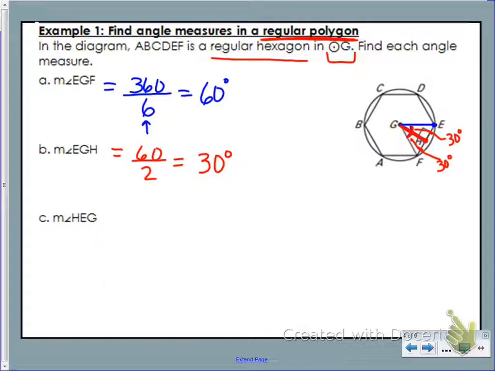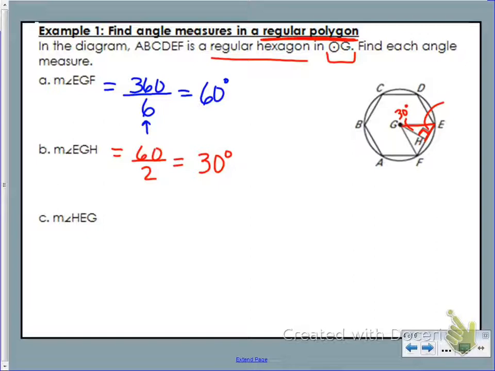Next says to find the measure of angle HEG. I'm again going to just erase my picture. So HEG is this angle here. Well, if you notice, we just calculated this angle to be 30 degrees. We know that this is a right angle because the apothem must be perpendicular to the side length. So really all we're doing is using the fact that the 3 angles in a triangle add to be 180.